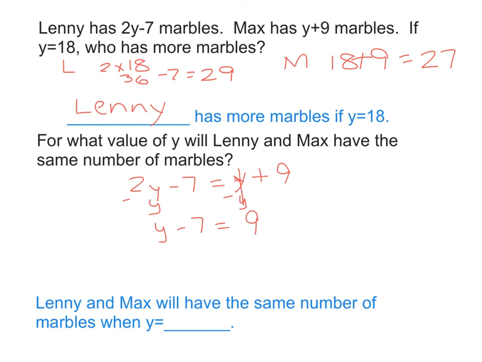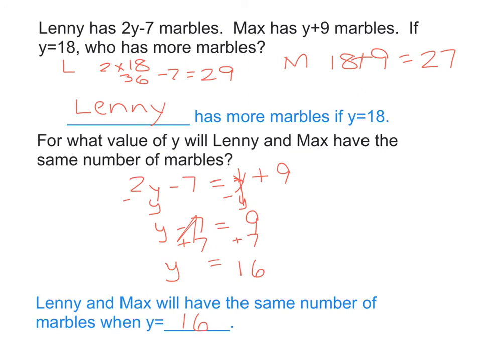To get my minus 7 and plus 9 together and get y by itself, if I'm 7 in the hole, I've got to add 7, which will give me y plus 0 equals 9 plus 7, which is 16. So when y equals 16, they will have the same number of marbles.